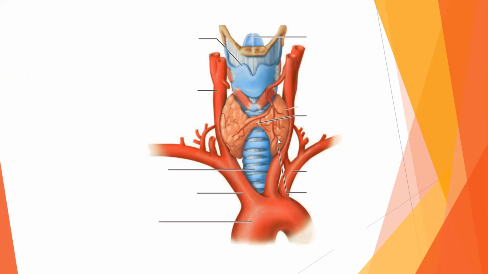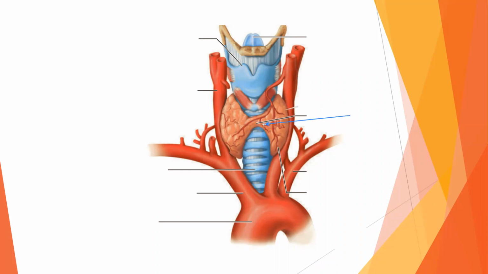Okay, a little review of anatomy. So can somebody from the group identify? We know that this area here is going to be your thyroid gland. Let me fix the drawing.